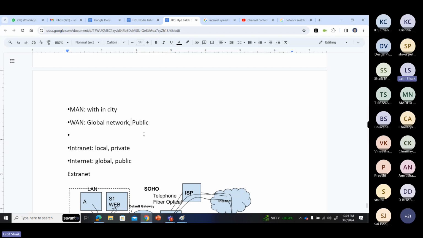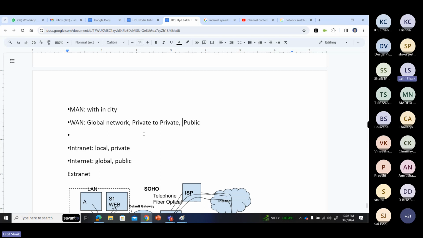One more word I want to add here: WAN is private to private, not within the private. Private to private, geographically separated, or globally separated.